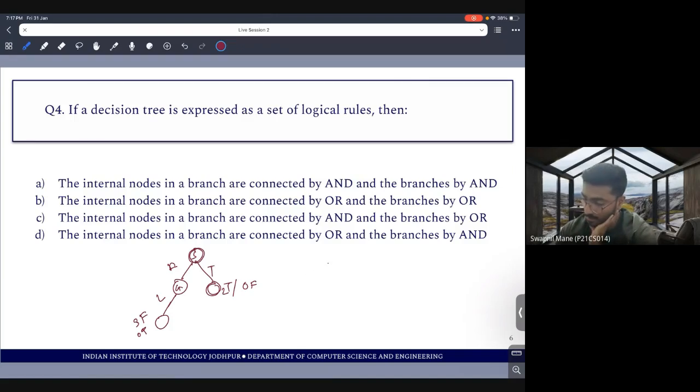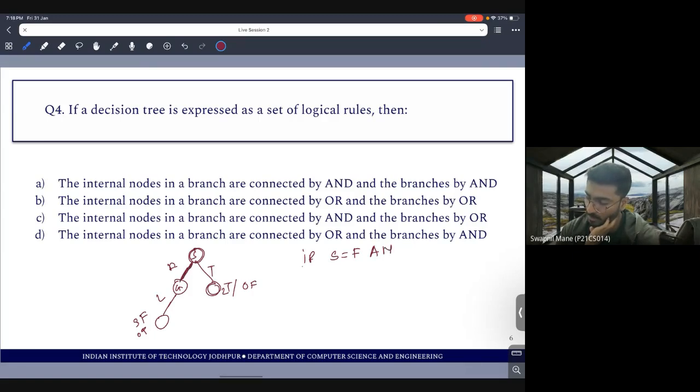So how are we writing this in logical rules? If studied S is exactly equal to false, and because fail means we are going in this direction right now, right?